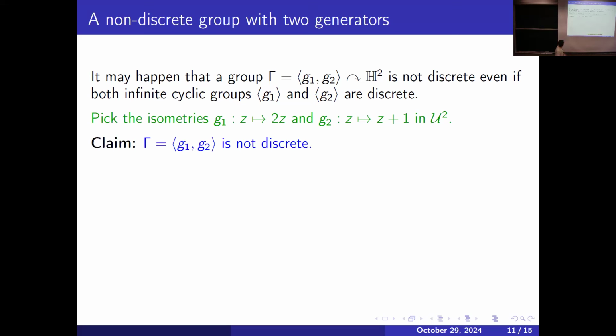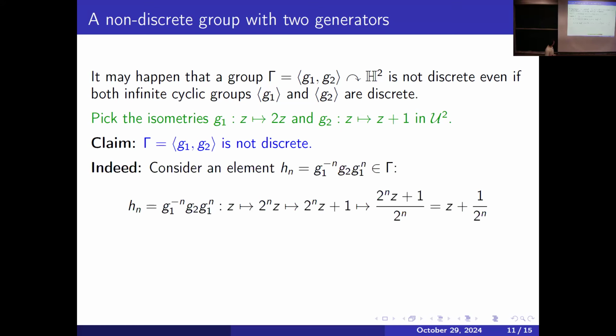And the proof, so the claim that this gamma generated by those two guys is not discrete, and now we're going to prove it. In fact, this general statement, that if you have two infinite order elements with a common fixed point on the boundary, then this group is not discrete, can be proved similarly to this, with the only thing that it's a little bit more complicated to do it in general than in this certain example.